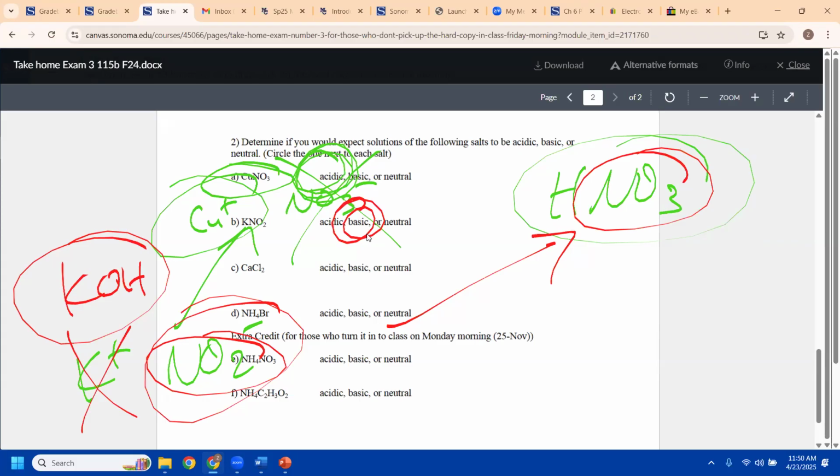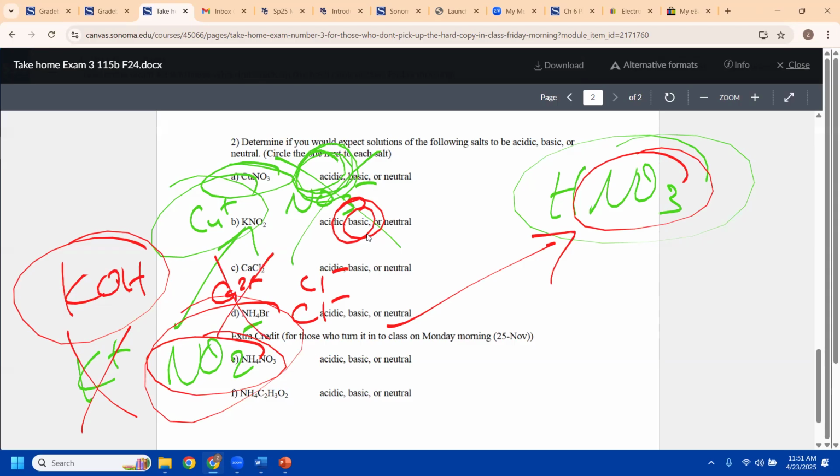So you would say that this is basic. Everybody see that? Ca2 plus and Cl minus. What about this one? What do we think? Ray? Is Ca2 plus pH neutral, acidic, or basic? Guess again. Very good. Cl minus?